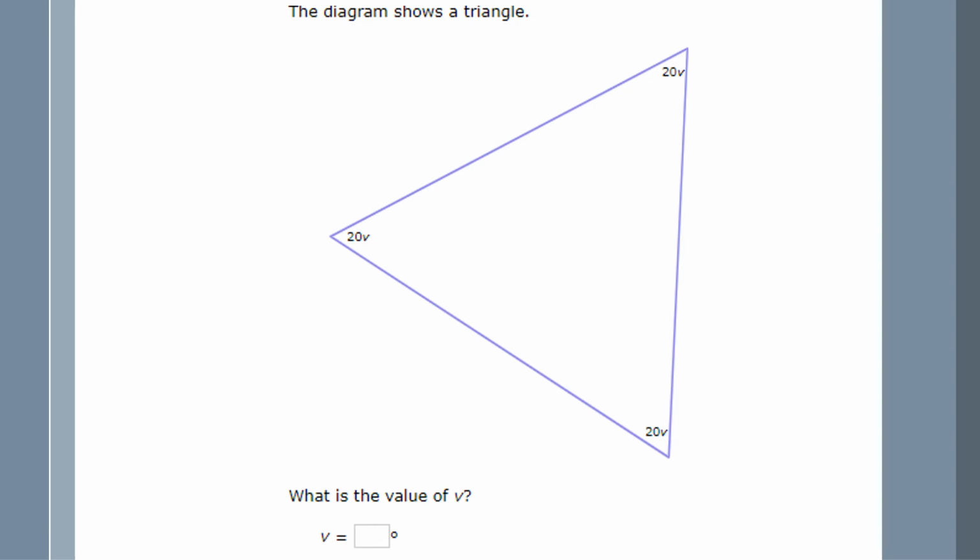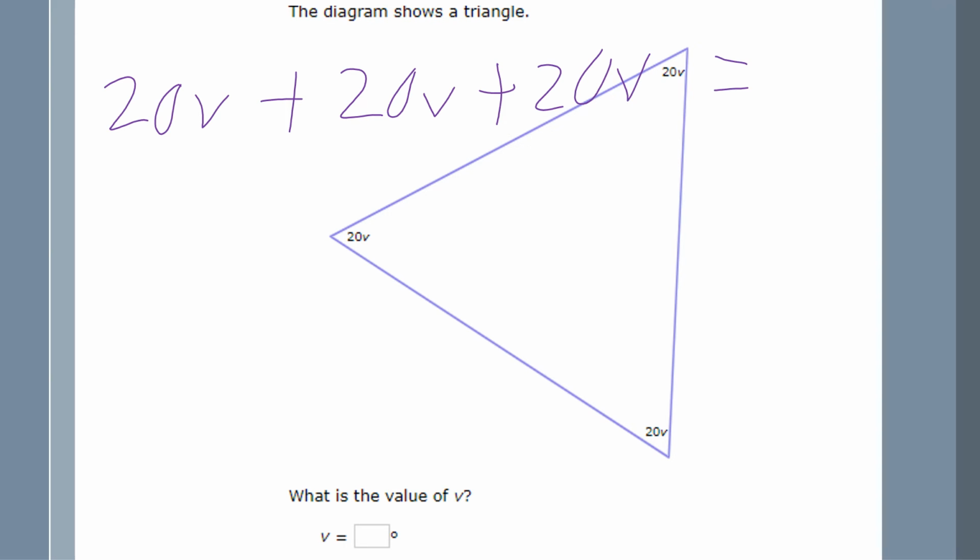But remember, you have to set all those up to equal 180, because that's the law. That's what we are learning. It's telling us exactly what to do. So just do it.